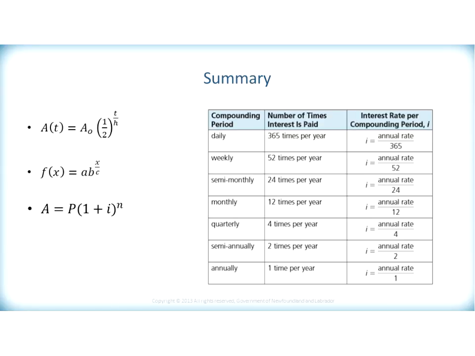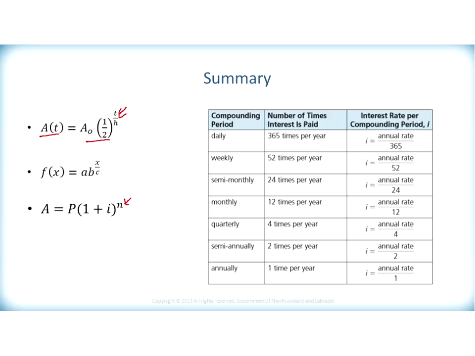In summary, we are solving exponential application problems. When we're looking for the exponent, either t or n, when we're looking for time, we either have to write both sides of the equation with the same base, or we can take the common log of both sides.